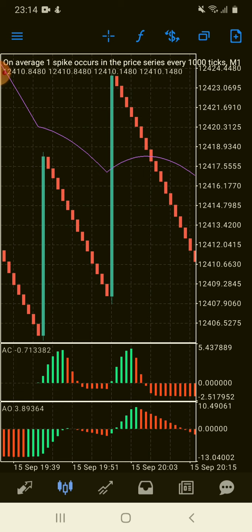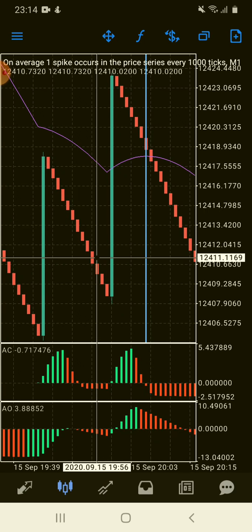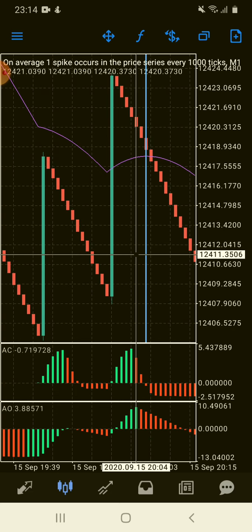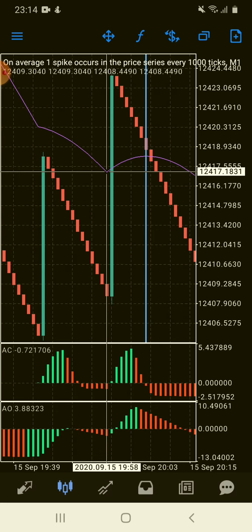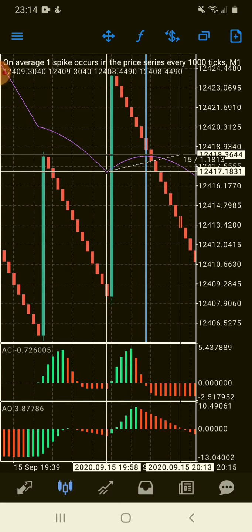Your entry candle is this one, right? That's your entry candle. So you got your spike, red, red, and you see from this part where it's in a sharp pointy part and you're measuring going up, you see from there that's an uptrend. So you don't want to enter into the trade.